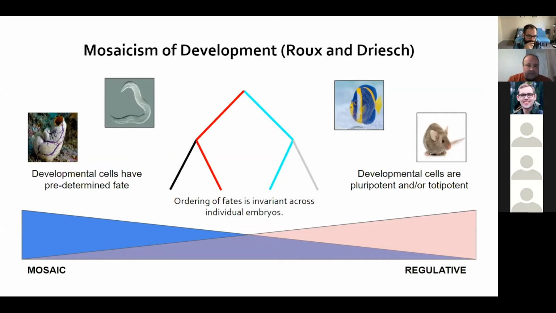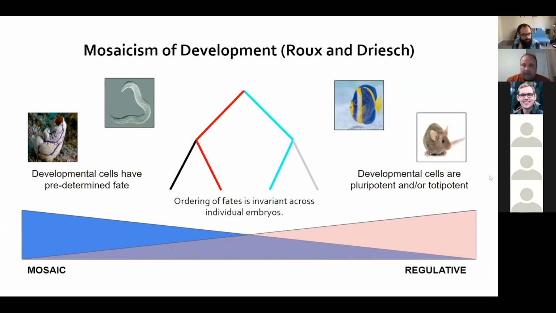So mosaic development is what we have in the sea squirts, and this is the adult, or the C. elegans. And the developmental cells have a predetermined fate. So you can trace them through a lineage tree pretty well. You know every cell is going to be in roughly the same position. Every cell has a similar identity coming from the mother cell, and so that's a pretty reliable signal in terms of reconstructing the tree.